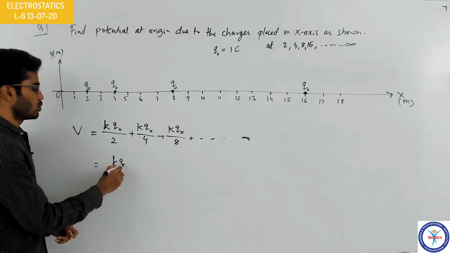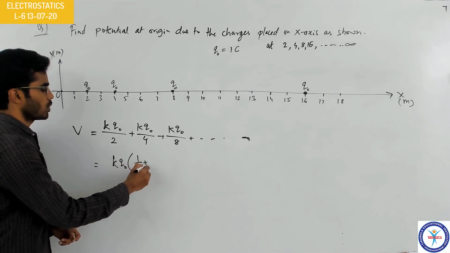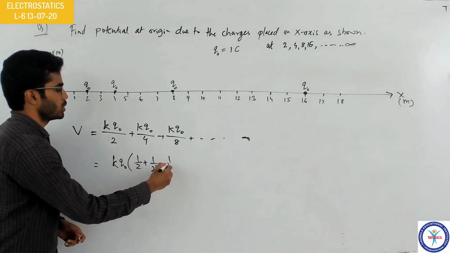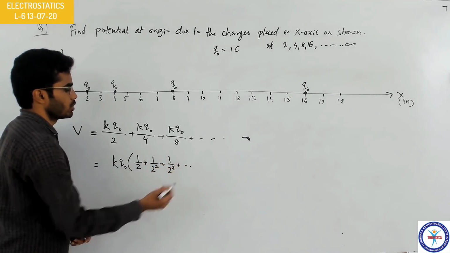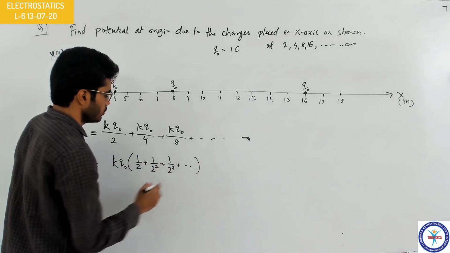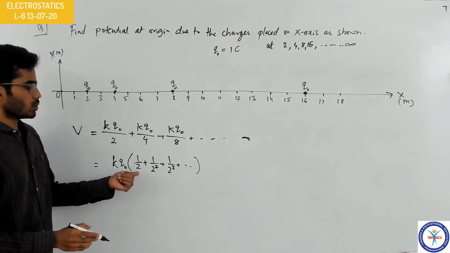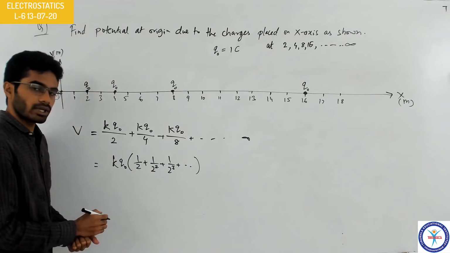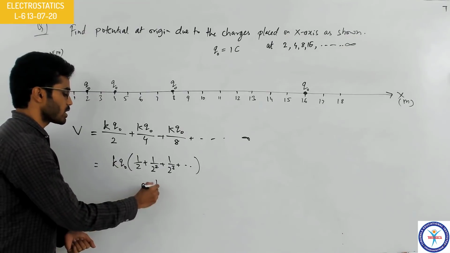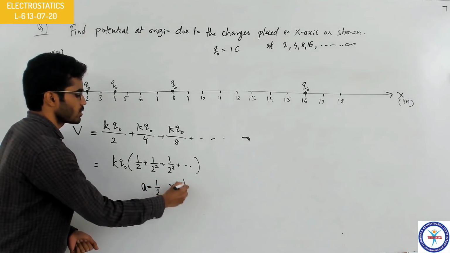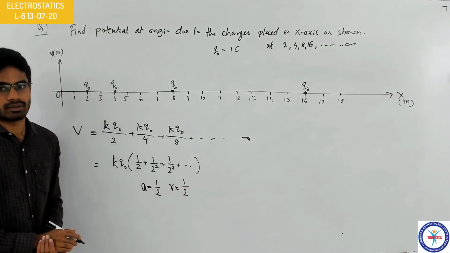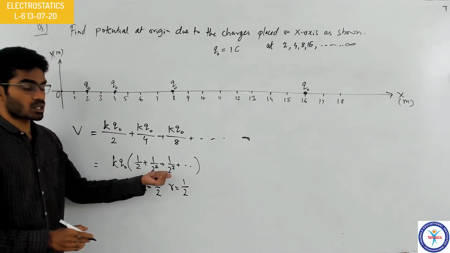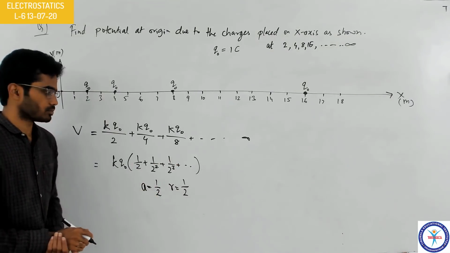You take kq naught common, so this is 1 by 2 plus 1 by 2 square, 1 by 2 cube and so on, right? So this is a geometric progression. Here a is half and r is also half: a, ar, ar square, ar cube, and so on.